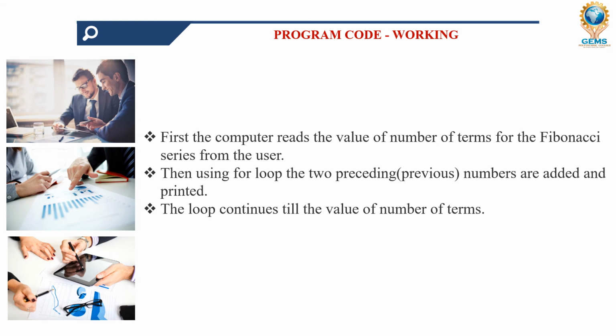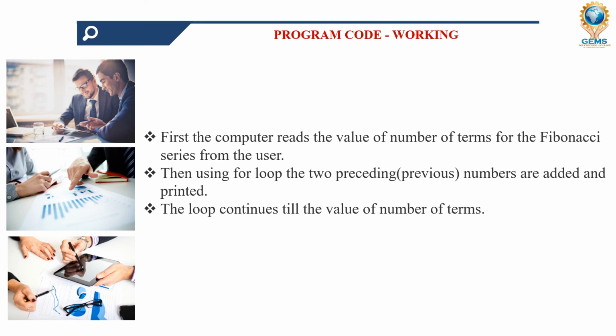Second, we use the concept of the for loop and add the preceding, that means the previous 2 numbers. And again, by using the for loop we continue till the value of the number entered by the user. These are the 3 basic explanation points of how our program works while doing the Fibonacci series of a number.